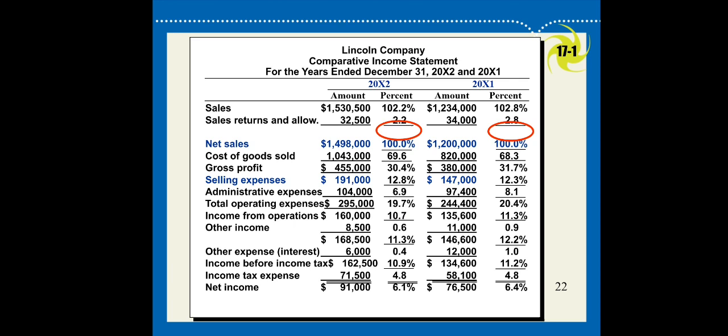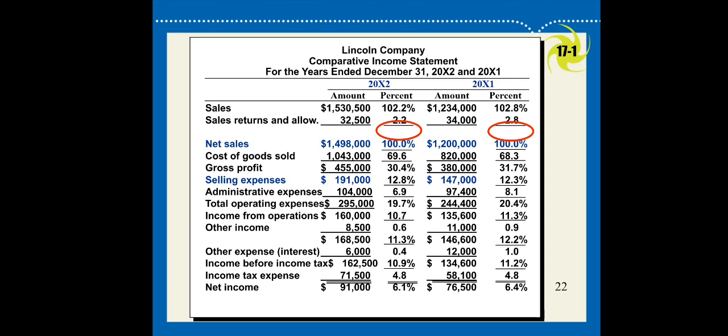Let's say the market average or the retail business profit average is 8%, but the Lincoln company net income or profit is only 6.1%. Then the conclusion that we can make is the company is not in a good financial performance. 6.1% compared to industry average of 8%, not good. That is one thing that we can do.